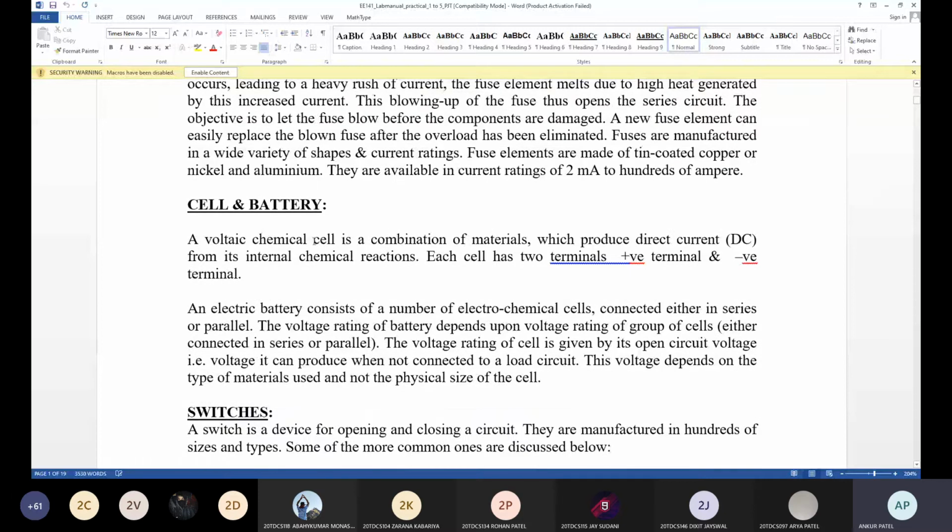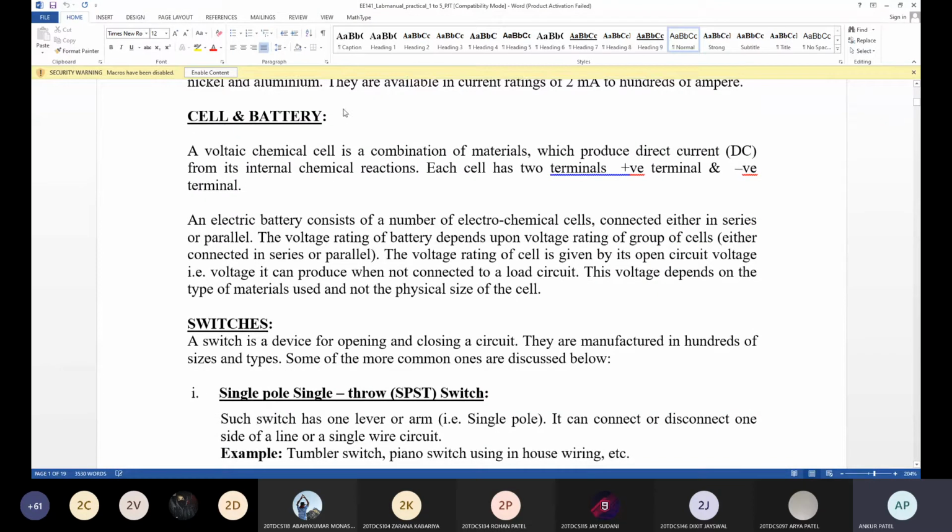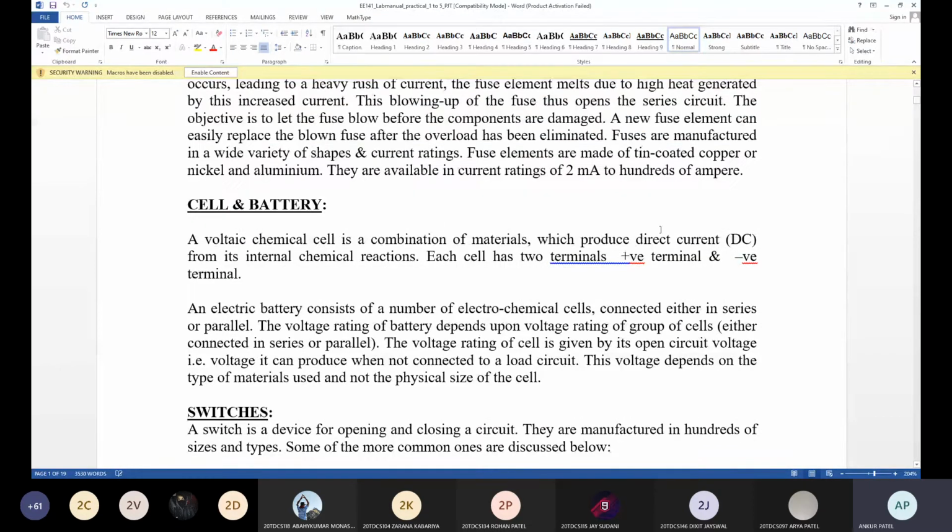Cell or battery: it is a voltaic chemical cell, a combination of material which produces direct current. A cell or battery can only produce direct current from its internal chemical reactions, and it has two terminals, positive and negative.